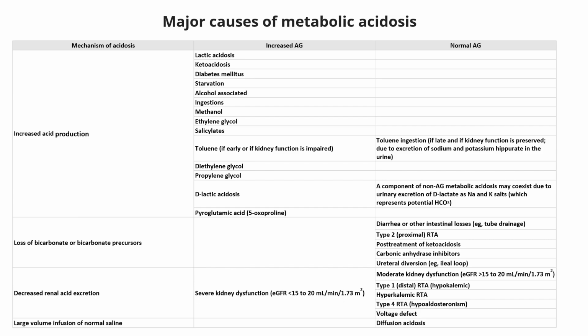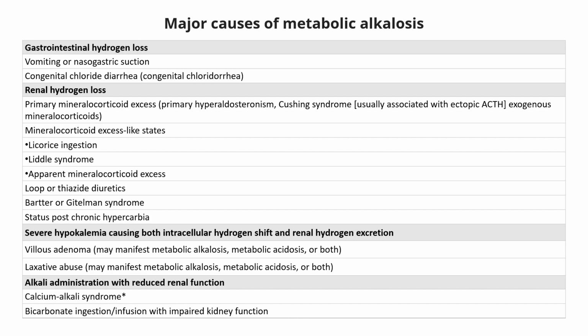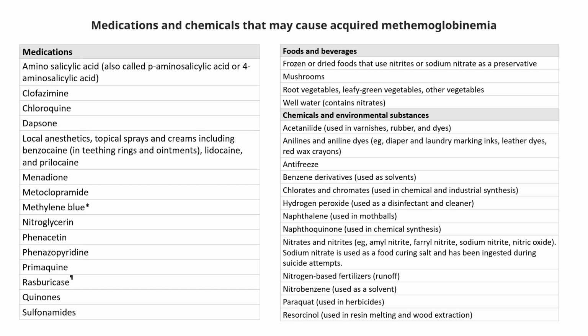Mostly the normal anion gap is caused by renal tubular acidosis. And for the increased anion gap, you have lactic acidosis, starvation, alcohol associated, and so on. For the metabolic alkalosis, these are the etiologies.